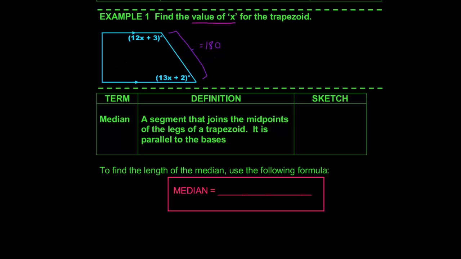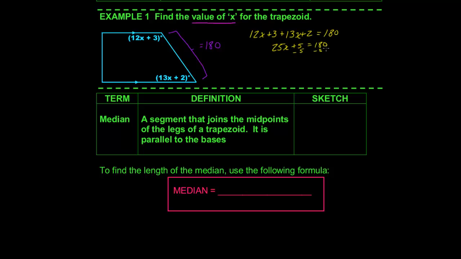So, if we know they add up to 180, we can take our first angle, 12x plus 3, and add it together with 13x plus 2, which equals our 180. If we combine this, we get 25x plus 5, combining our like terms, equals 180.